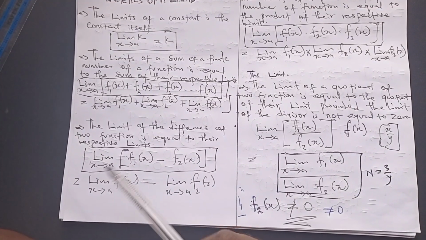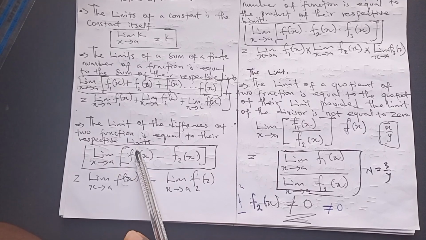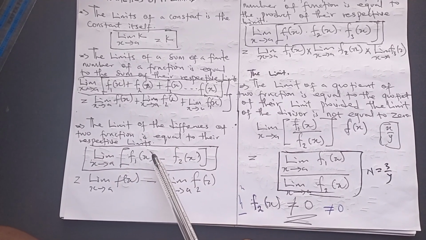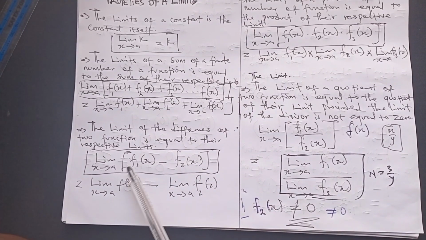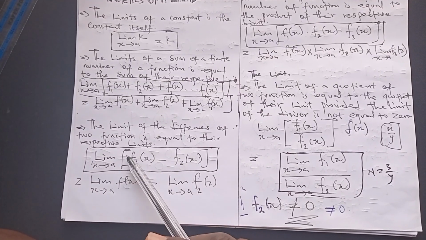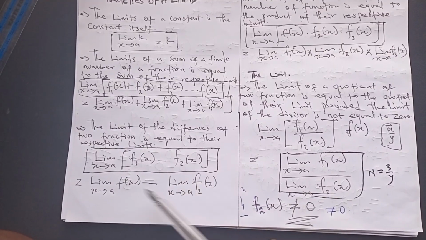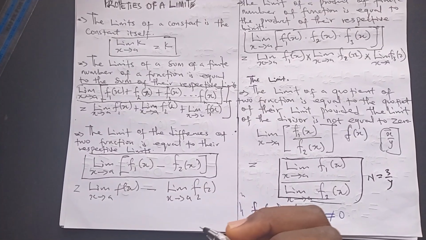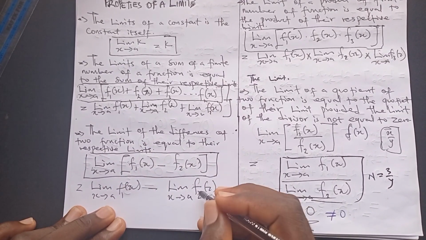So the third property states that the limit of the difference of two functions is equal to the difference of their respective limits. For example, if you have lim when x tends to a, f1 of x minus f2 of x, this is equal to lim when x tends to a, f1 of x minus lim when x tends to a, f2 of x.